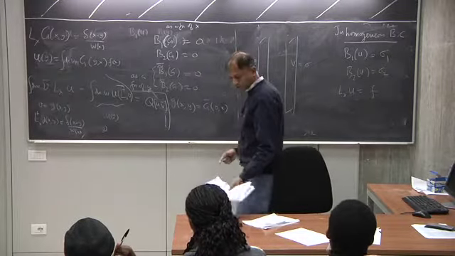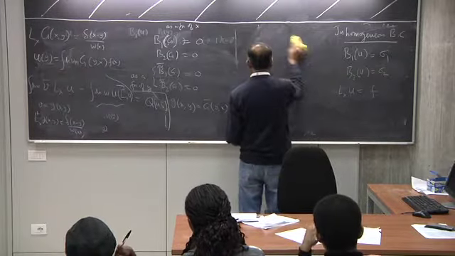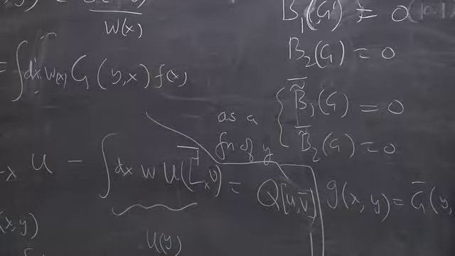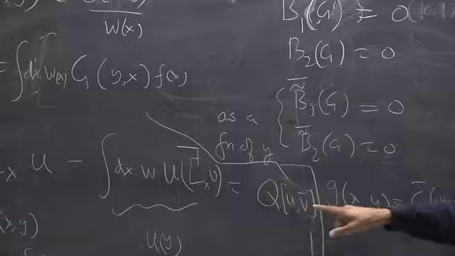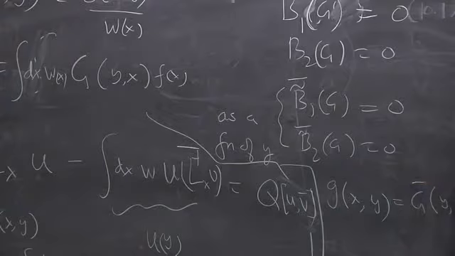So what was the Q? Well, Q was linear in u and antilinear in v, right. So Q involved generically terms like this.